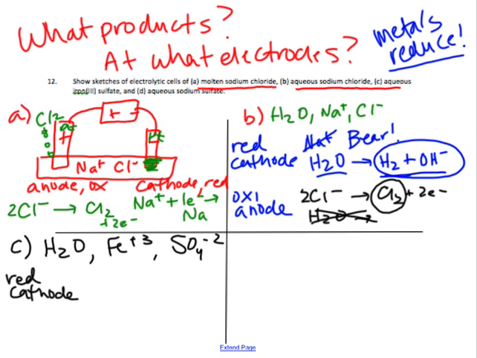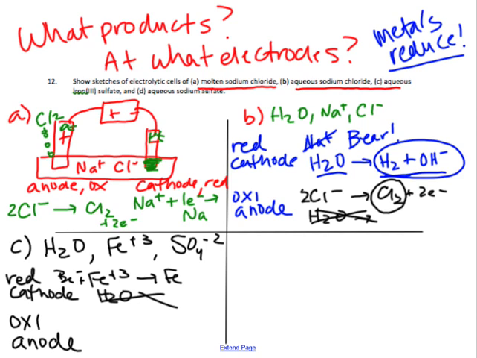What are my two options? Iron and water. What's the chihuahua going to choose? Iron, and it's going to make solid iron and 3 electrons. So we're making iron. This is boring.